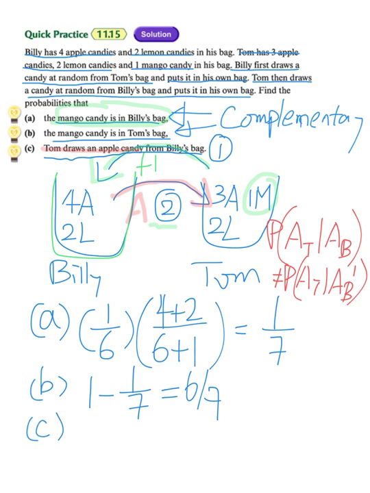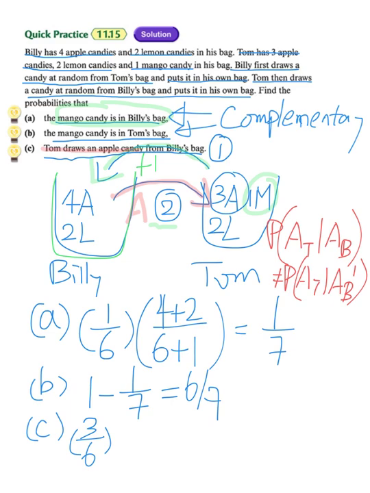First, we need to think of all the scenarios. That's the key point for probability, as mentioned in the beginning. So for Billy taking from Tom's bag, let's say the apple candy has been taken, 3 over 6, because we have 3 apple candies right there.